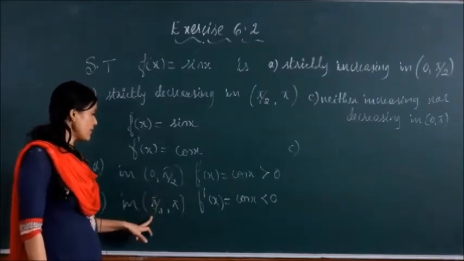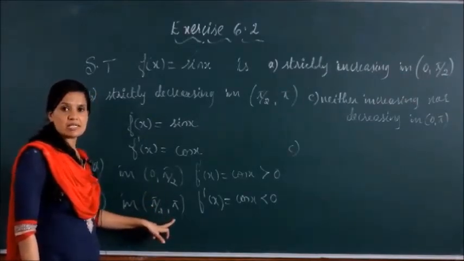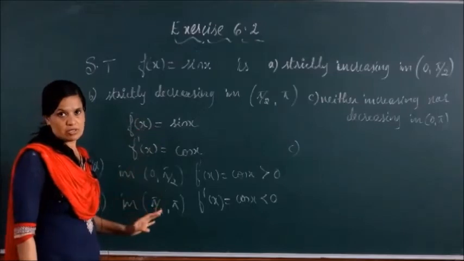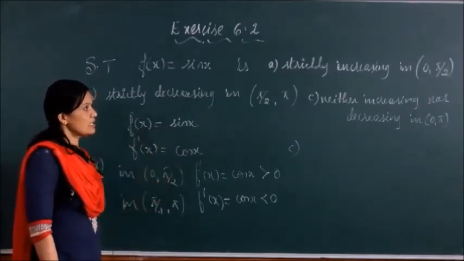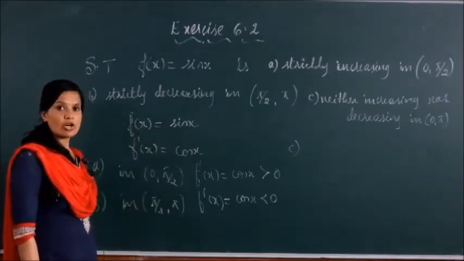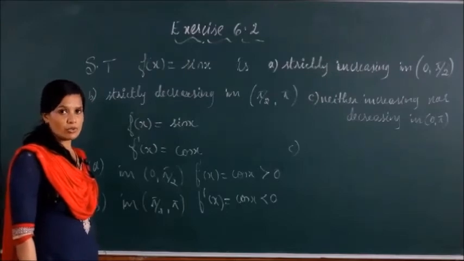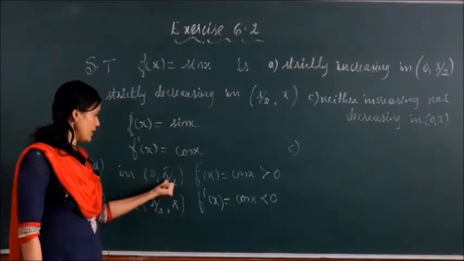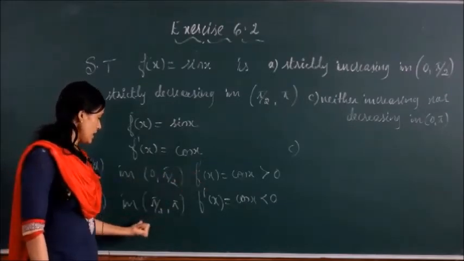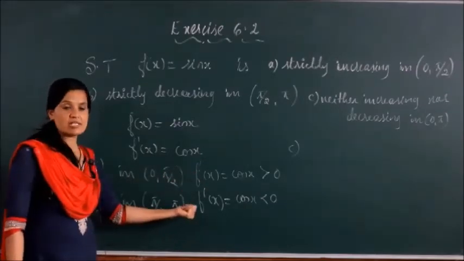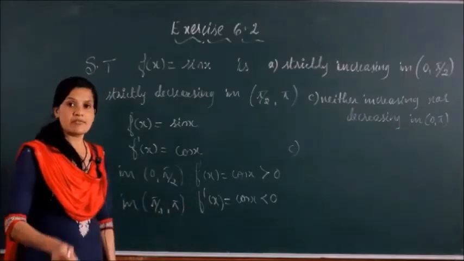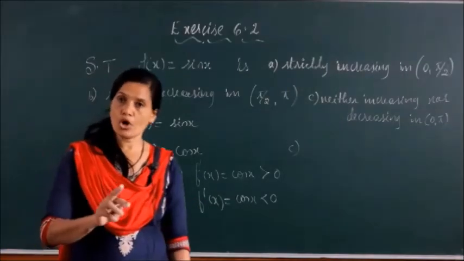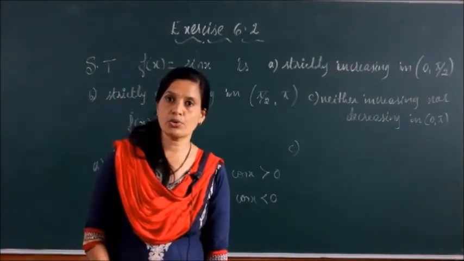In the interval pi by 2 to pi, the function is decreasing. So, it is periodic change. Hence, I can say that the function is neither increasing nor decreasing in the interval 0 to pi. In the same way you have to write, in the interval 0 to pi by 2, f of x is increasing. In the interval pi by 2 to pi, the function is decreasing. Hence, the function is neither increasing nor decreasing in the interval 0 to pi.